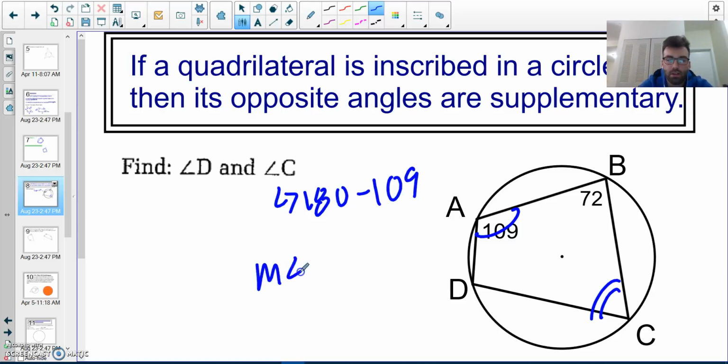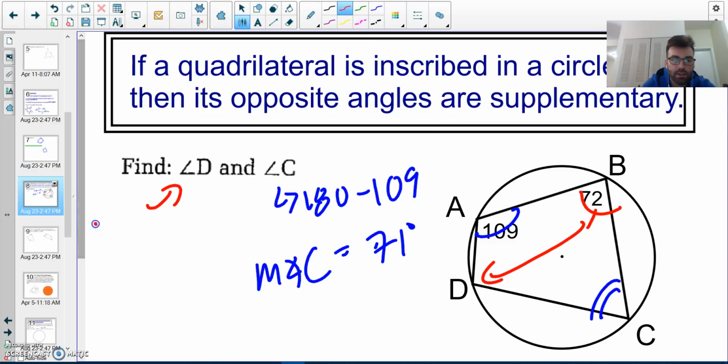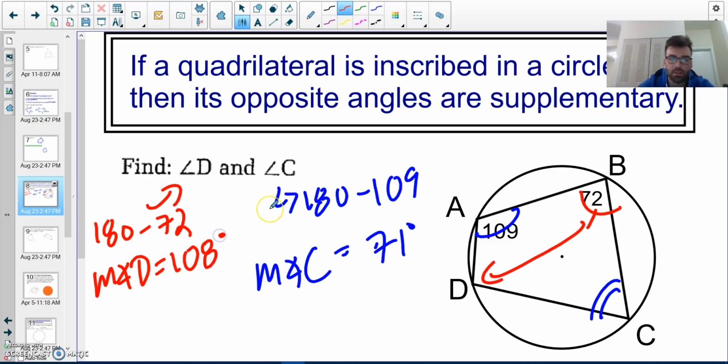So the measure of angle C equals 71 degrees. Angle B is 72, so angle D has to be 180 minus 72. So the measure of angle D equals 108 degrees.